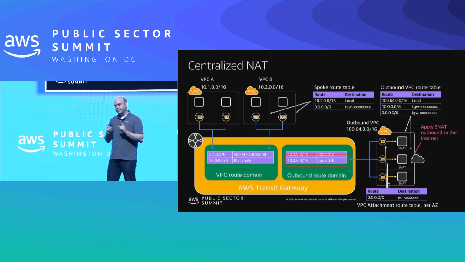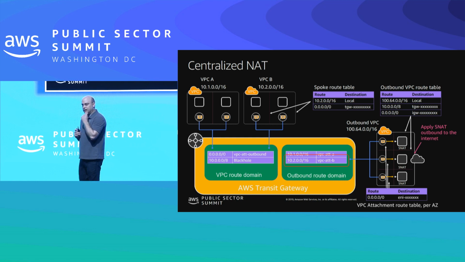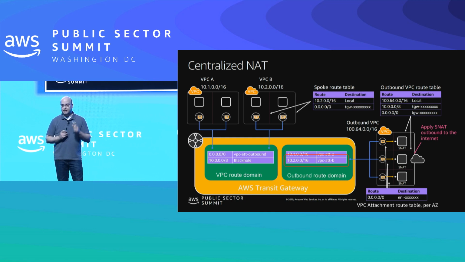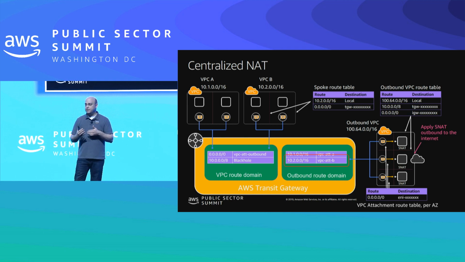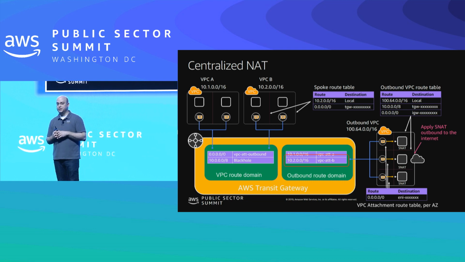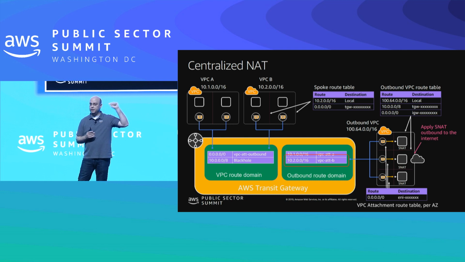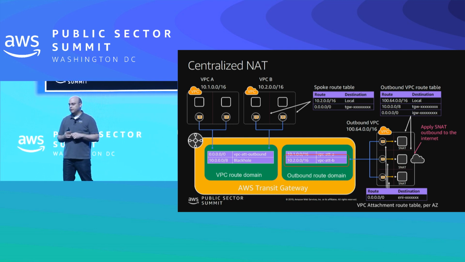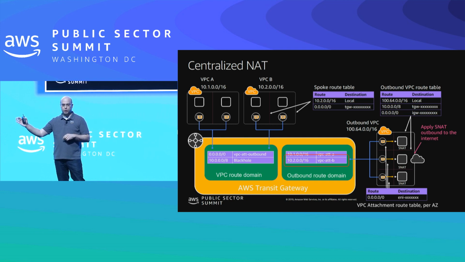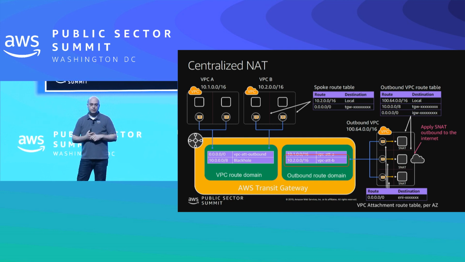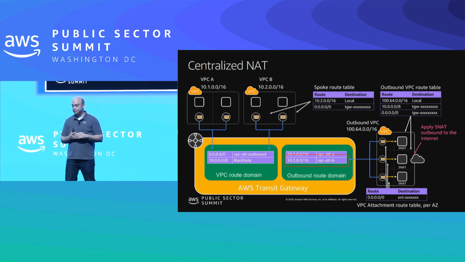Now, this configuration has a couple of trade-offs. On the pro side, it's very simple to configure. It's an attachment and some route table configuration in VPC. The trade-off is that the transit gateway will prefer keeping packets in the same availability zone. So if a packet is transmitted from a VPC instance in availability zone A, the packet will be delivered to the NAT gateway in the corresponding availability zone in the outbound VPC.